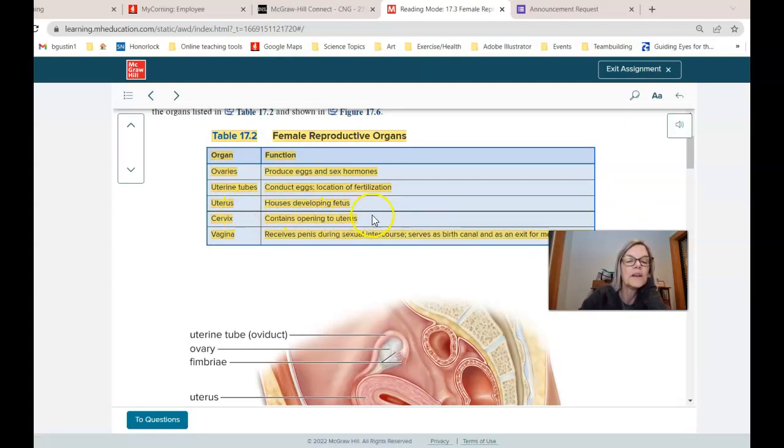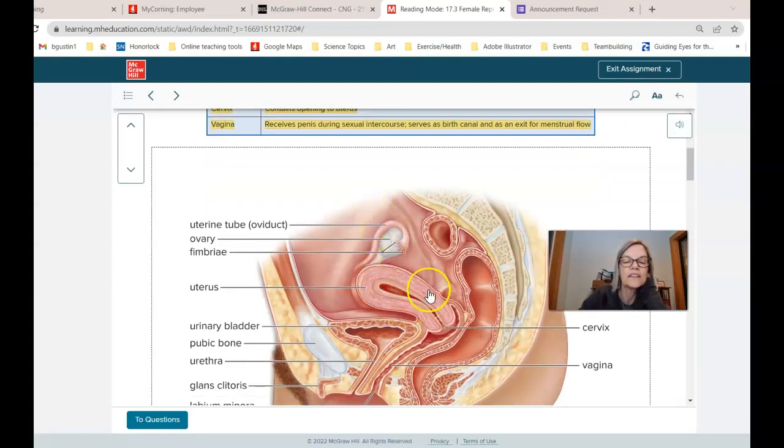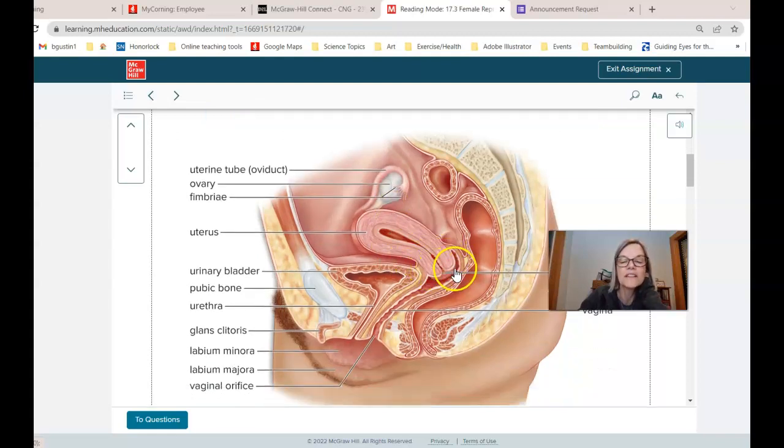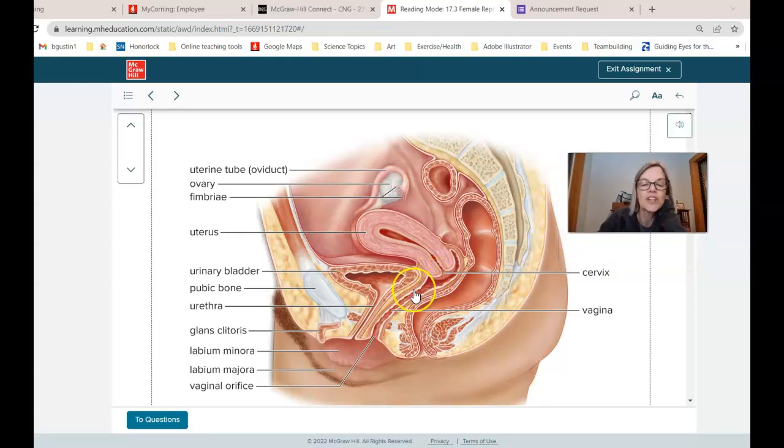So we have the uterus where the developing fetus is going to be, and then the cervix is the opening to the uterus, and the vagina is the pathway that leads up to the cervix. And so the vagina is where the penis would go during intercourse.